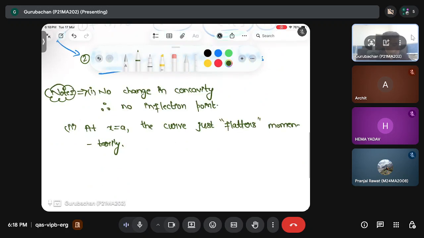Now let us discuss note 2. Why are we still excluding a? Because f double dash a is 0.